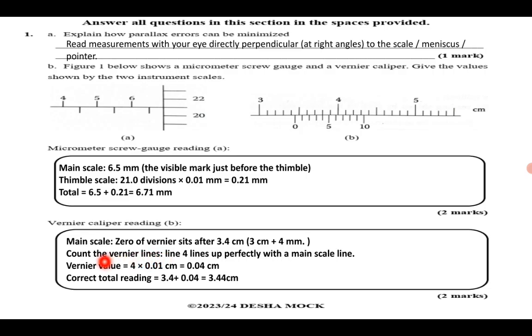So the vernier scale reading will be 4, which we get from here, multiplied by the least count, which is 0.01, to give us 0.04 centimeters. So the total reading therefore is going to be 3.4, which we got here, plus 0.04, which gives us 3.44 centimeters.